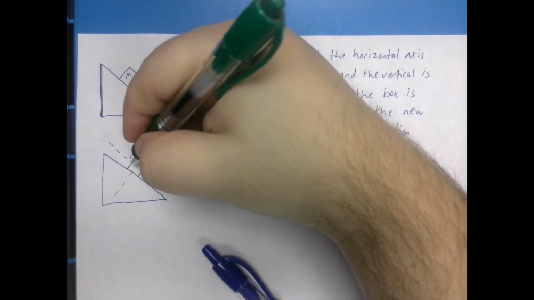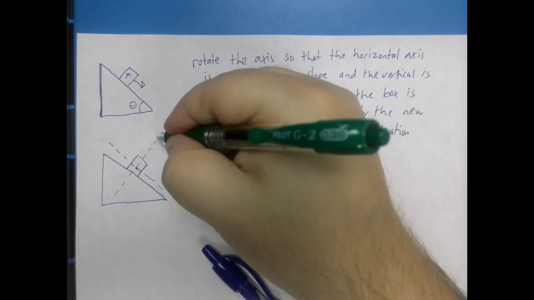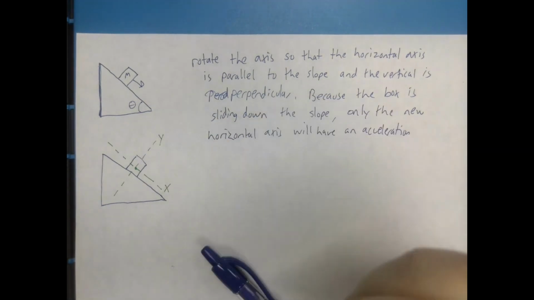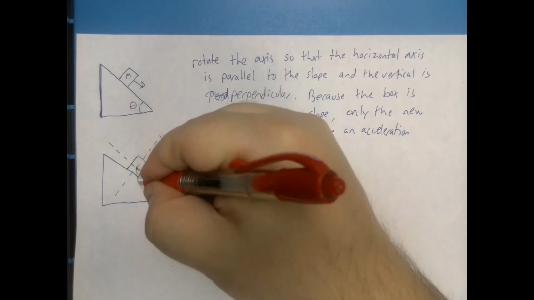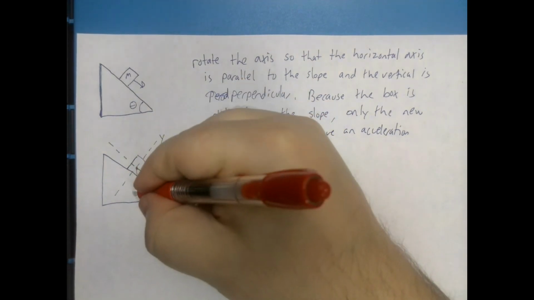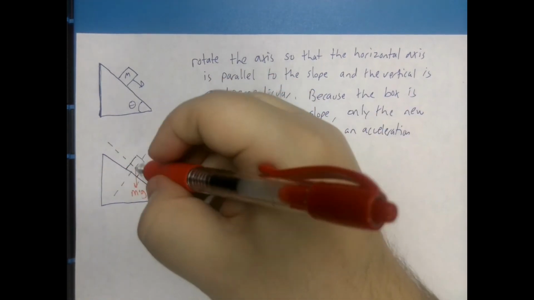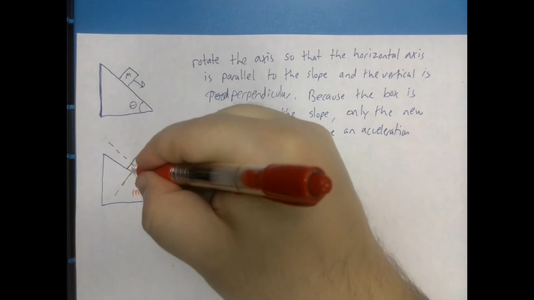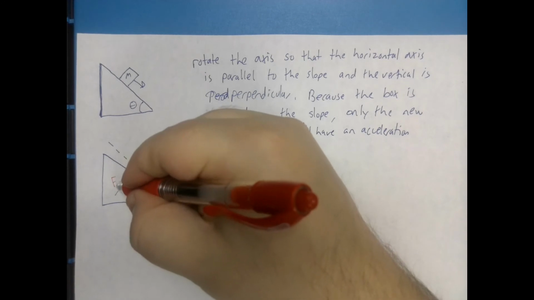I'll even do it at the midpoint of the box. So this will be our new y, this will be our new x. We see at this point there is a downward force. This would be m times g. And we see that there is going to be an upward force, which would be the normal force.